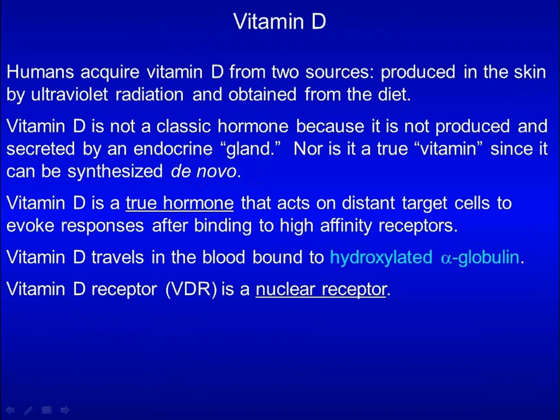Vitamin D is a true hormone that acts on distant target cells to evoke responses after binding to a high affinity receptor. Vitamin D travels in the blood bound to hydroxylated alpha globulin. Vitamin D receptor is a nuclear receptor.